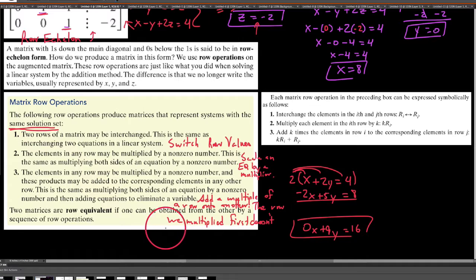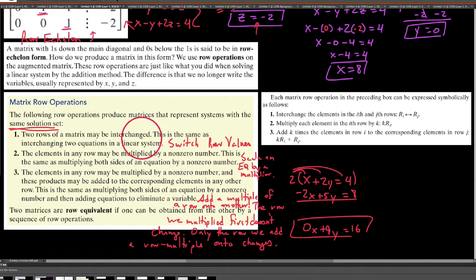Only the row you added on to. Only the row we add a row multiple onto changes.